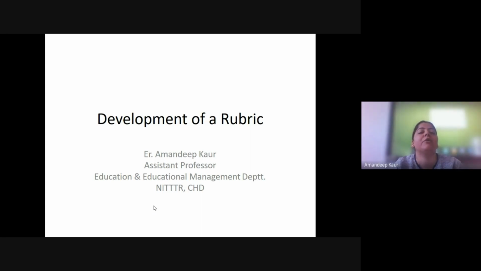After getting input from all the departmental faculty, the head of department needs to approve that as the final evaluation tool, and only then can we use the rubric as a tool for student evaluation purposes. So the point of discussion is that, not only for the rubric but for any evaluation tool designed at departmental level, its reliability and validity need to be confirmed by all the departmental faculty. Once the department agrees upon that criteria, only then should that evaluation tool be used in the department for student evaluation purposes.